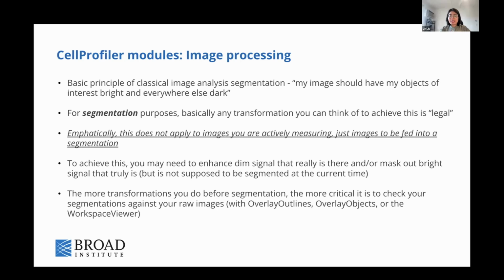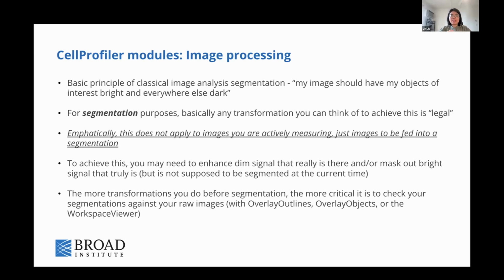Any transformation we can do to improve the segmentation quality is legal. However, I want to emphasize that we do this transformation for segmentation purposes, but in the downstream measurement, we should pay attention.